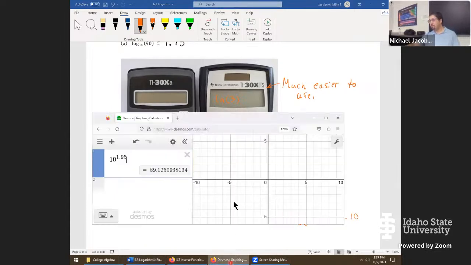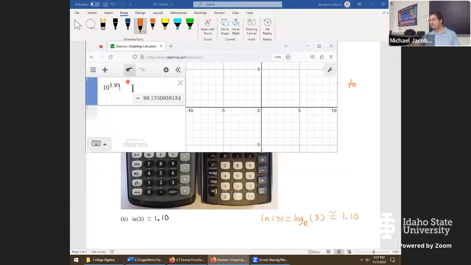So back in Desmos, just for a really fast check again, you could type in just e, raise it to a power of 1.10, and it comes to about 3. This one's a little bit more accurate. So it does turn out that 1.10 is the exponent you have to put on e in order to get about 3.